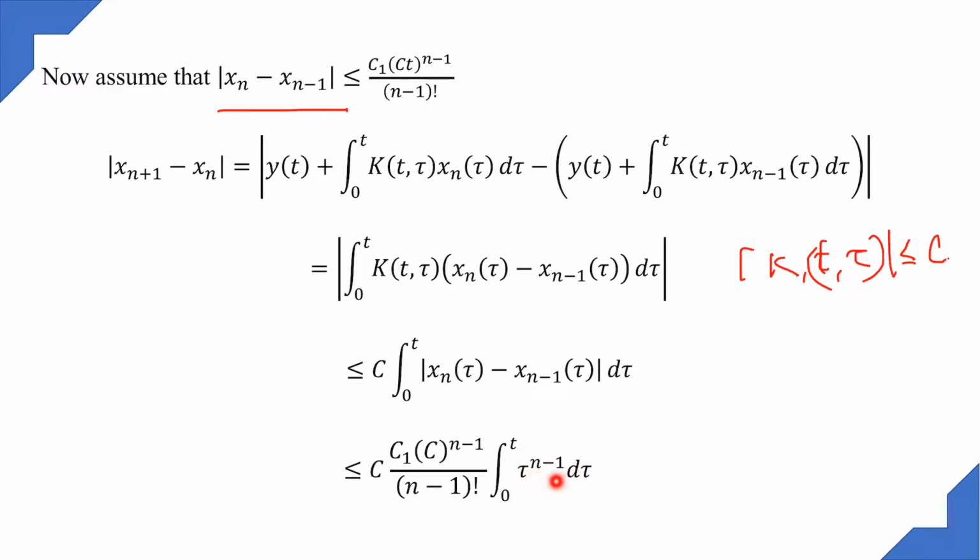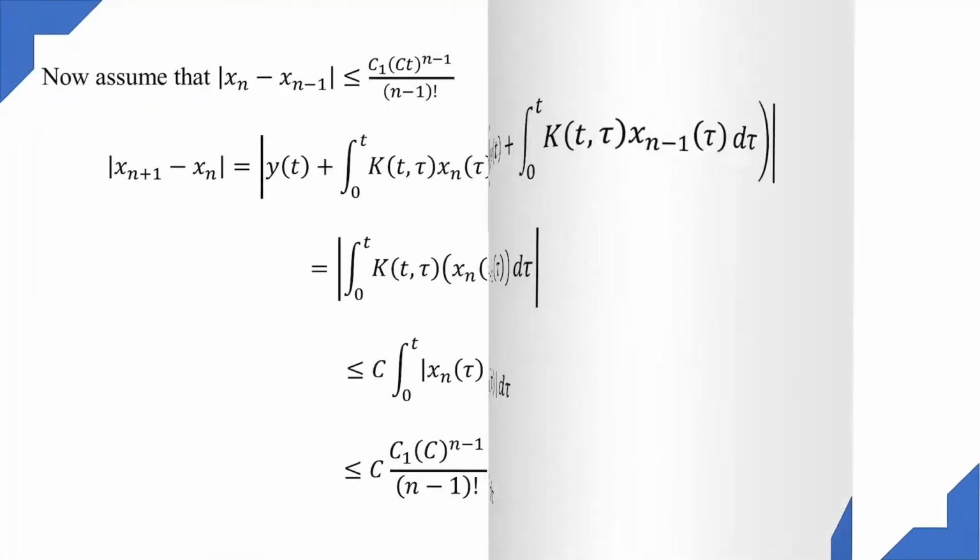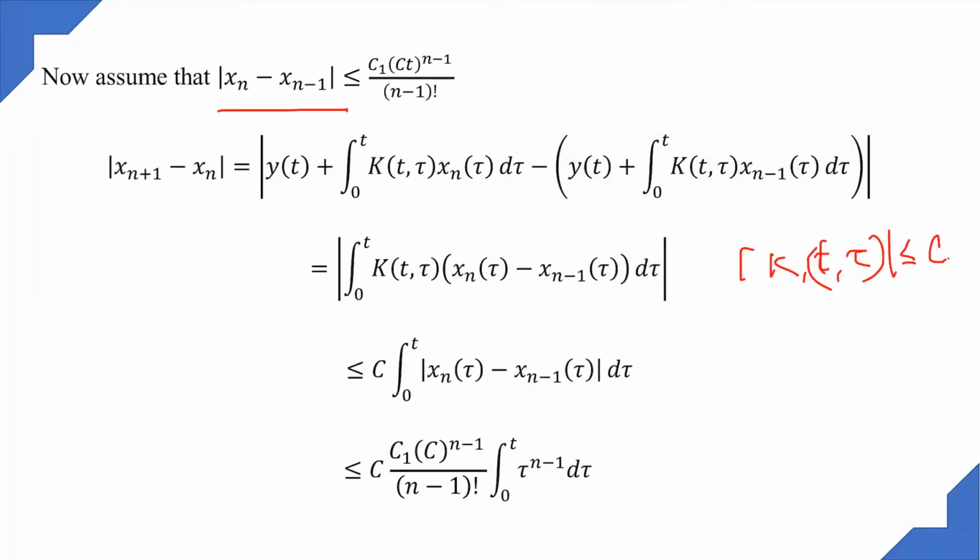Since integration is with respect to tau, we have to keep tau to the power n minus 1 as the integrand. So what we have is, this is nothing but c1, c times c to the power n minus 1 is c to the power n, then tau to the power n minus 1.